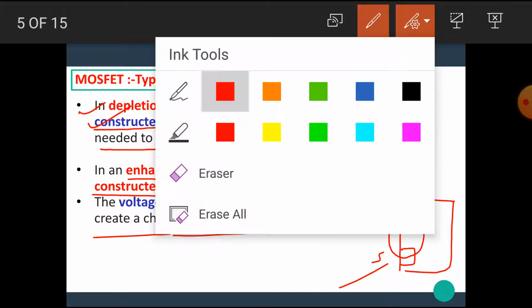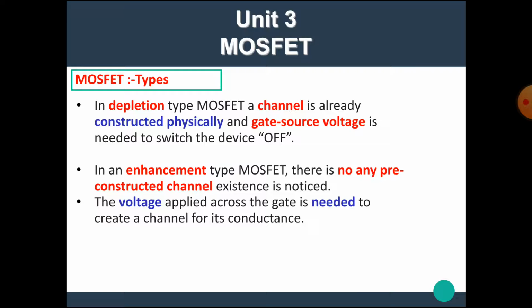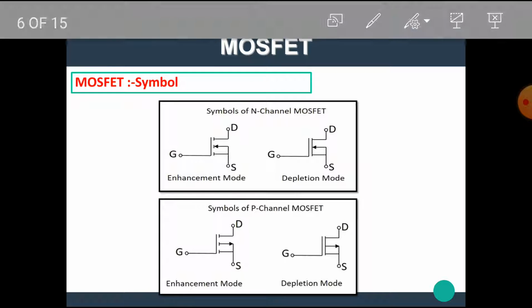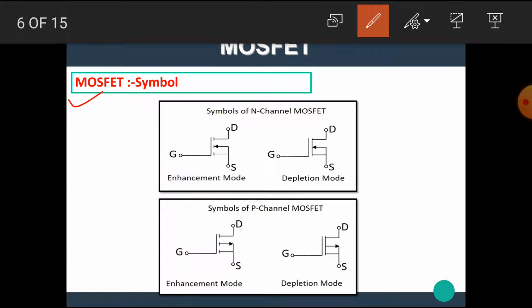Okay. Now let's see the details about the symbols of the MOSFET. There are mainly two types of MOSFET: enhancement MOSFET and depletion MOSFET.